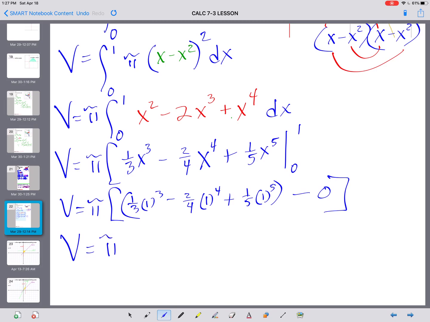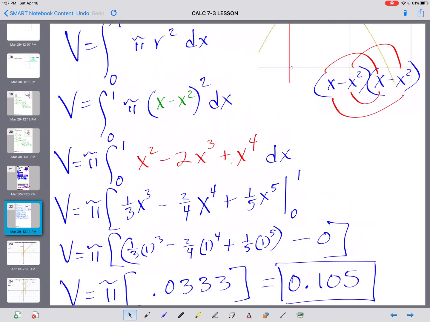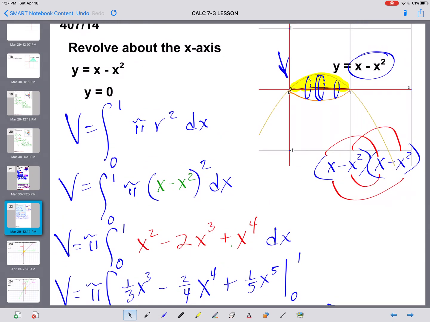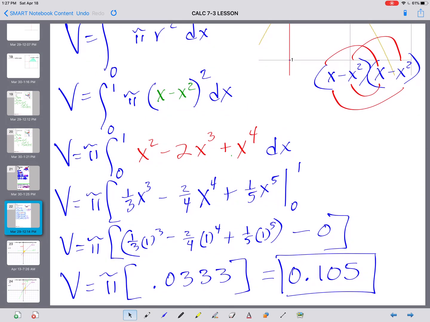In my calculator, that equals 0.0333. Now we multiply by pi and we get 0.105. That's the volume of that little shape, kind of like a little football. That's the end of going over homework, page 407.